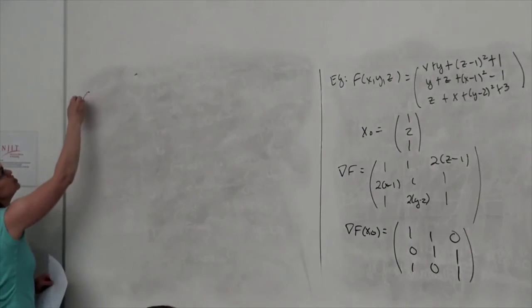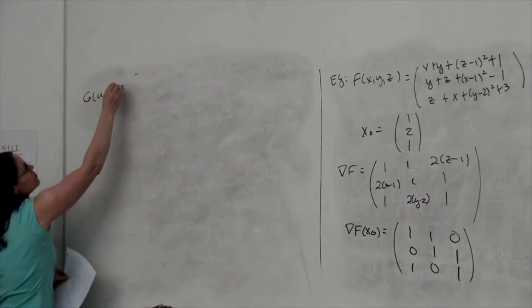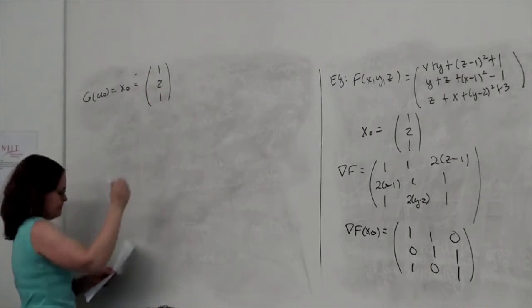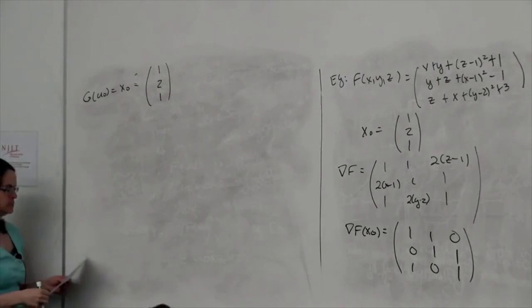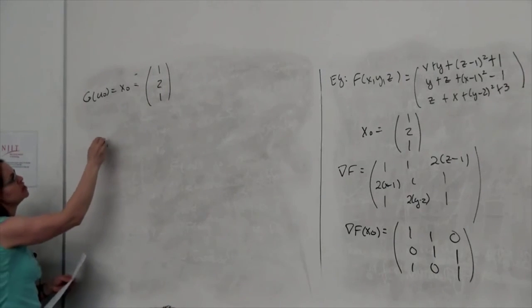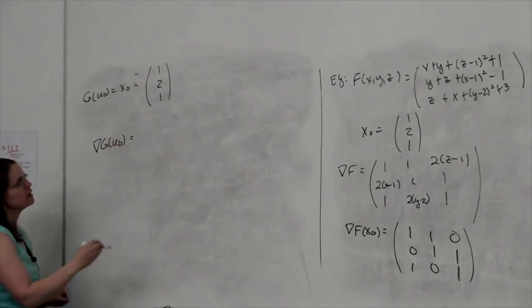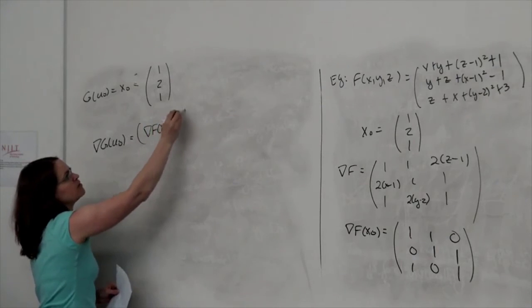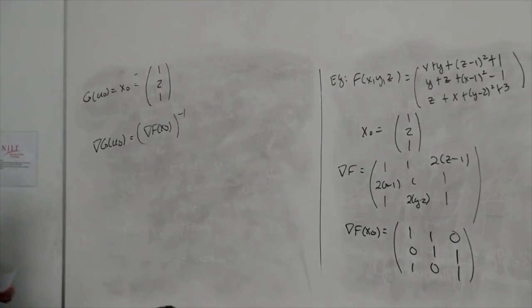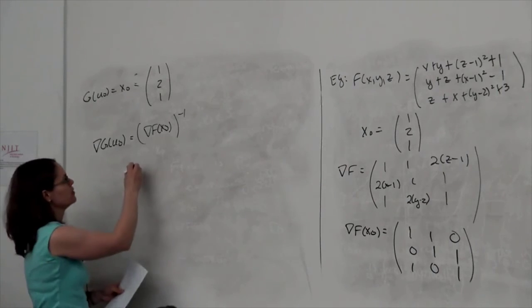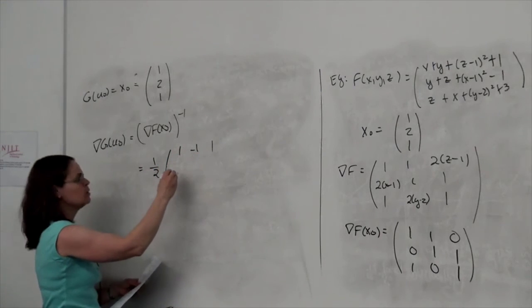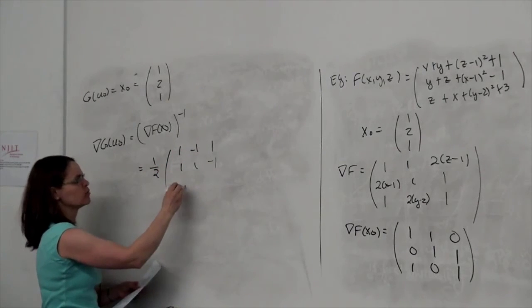Okay, so we know that G of u naught is x naught, which was 1, 2, 1. We know that the Jacobian of G at u naught is the inverse of the Jacobian of f at x naught, and this you can compute. It becomes 1, minus 1, 1, 1, 1, minus 1, minus 1, 1, 1.